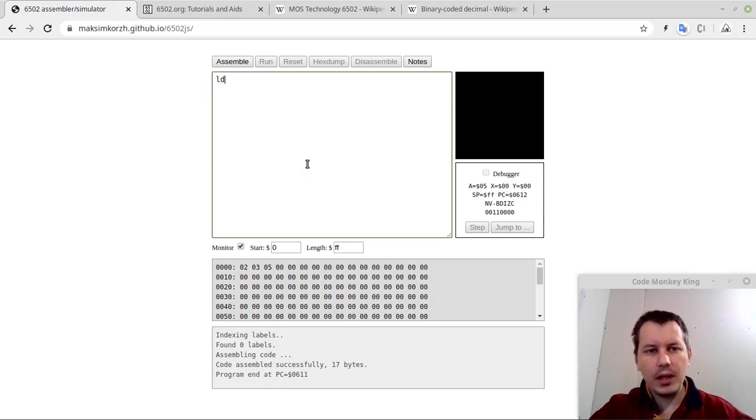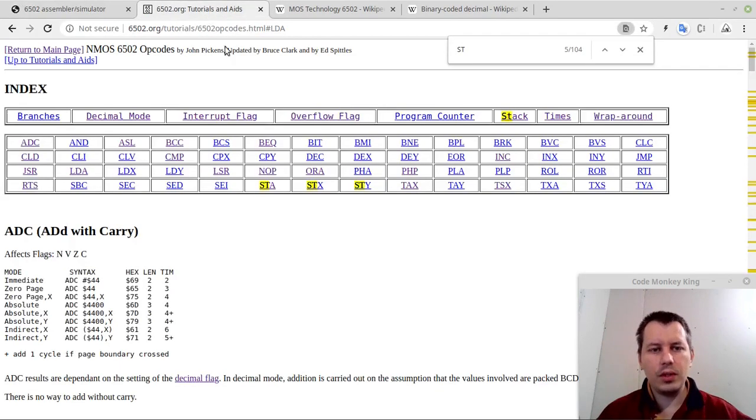So we have LDA, LDX, and LDY. LDX does the same as LDA, but it loads data to the X register. LDY loads data to the Y register. STA stores data from the A register to memory, STX from the X register to memory, STY from the Y register to memory.